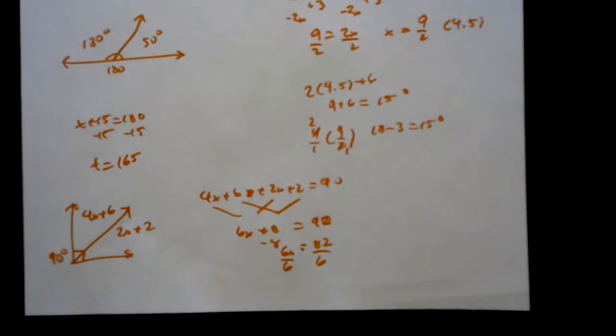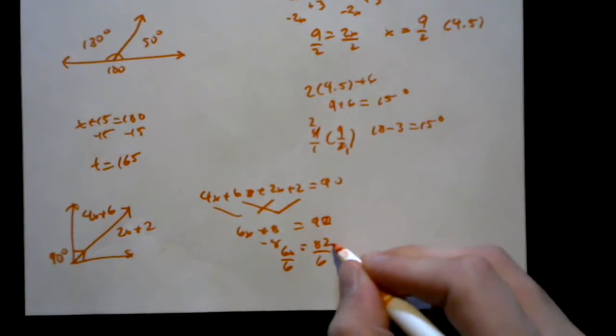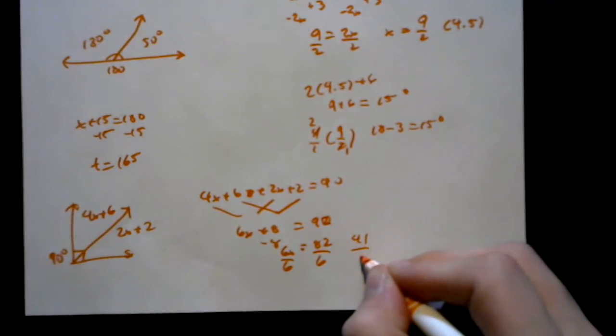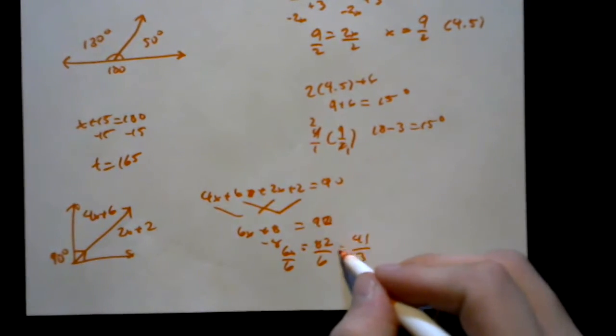Let's see here, 82 divided by 6. Technically we could do some simplification, which might be helpful, because we could divide by 2, so this could simplify down to 41 over 3. I don't know if that helps, but that's an also acceptable answer.